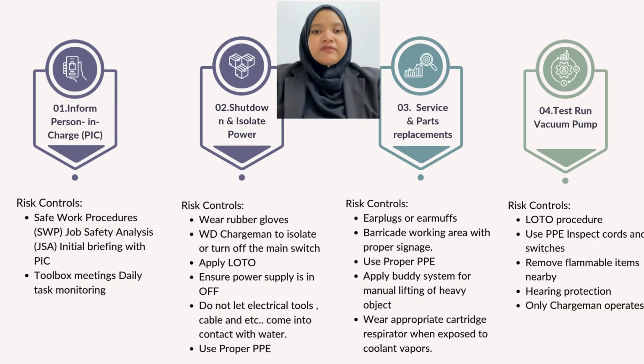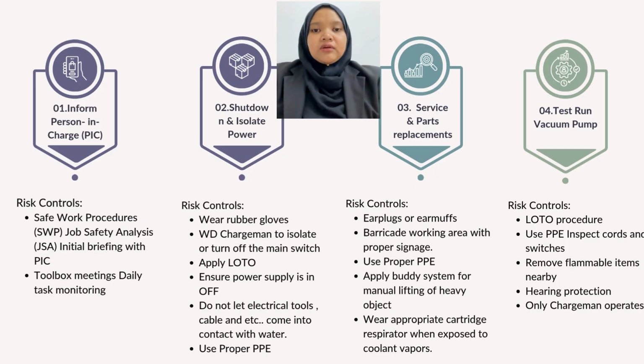Next step is service and parts replacements. Here, we focus on physical and respiratory safety. Workers need to use earplugs or earmuffs to prevent hearing damage. Workers need to barricade the area with proper signage, wear proper PPE including cartridge respirators if exposed to vapors, and apply the buddy system for lifting heavy parts safely.